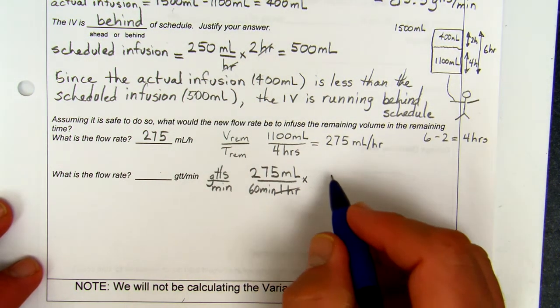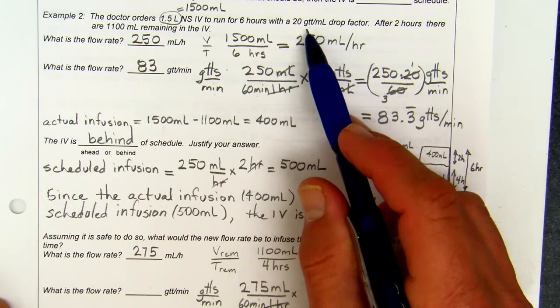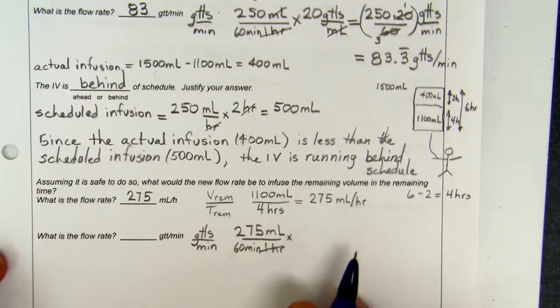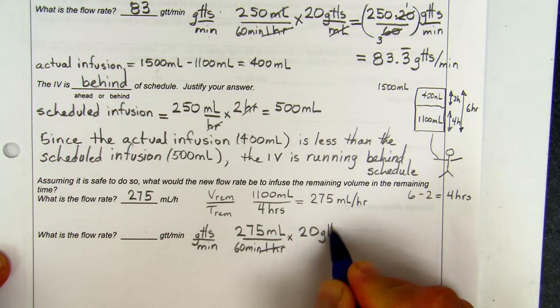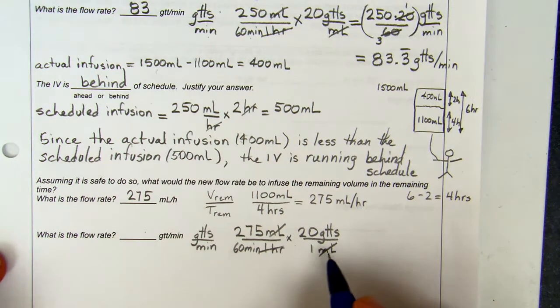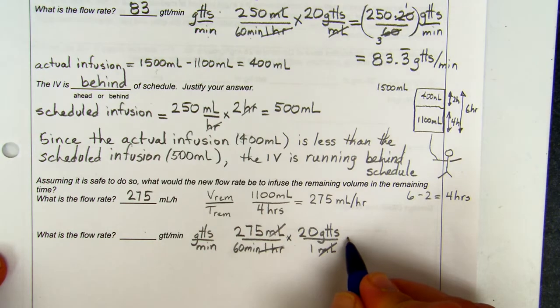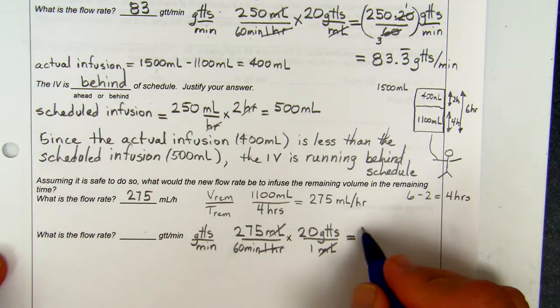And then we can multiply by the drop factor from up above, 20 drops per milliliter. And that will help us determine the number of drops. And we have minutes on the bottom, so we do have drops per minute.